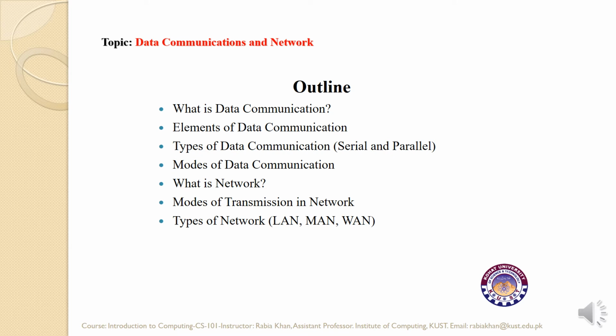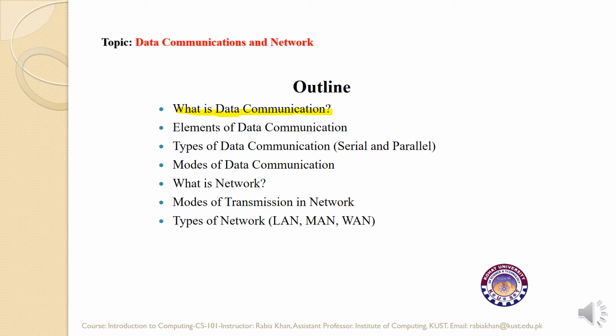In the previous discussion, we developed our understanding of what data communication is, and we said that data communication is basically the mechanism by which data is transferred between two parties.